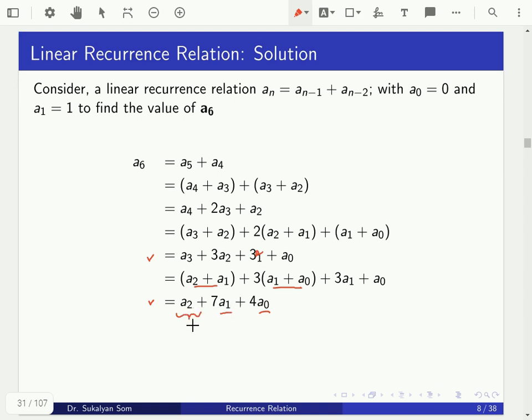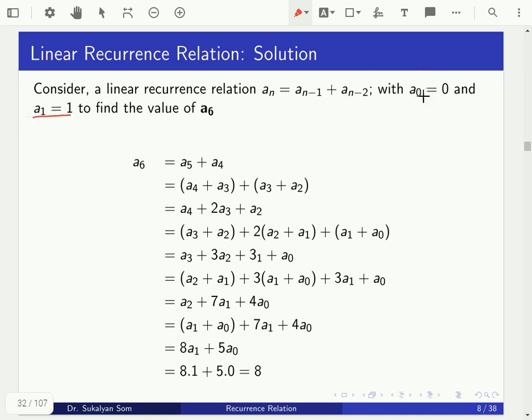Moreover, a2 can again be simplified by using the given recurrence relation as a2 is equal to a2 minus 1 plus a2 minus 2, that is a2 can be written as a1 plus a0, and if we do so, then the entire expression is written in terms of the initial conditions given to us, and as a result we get the value of a6 as 8.